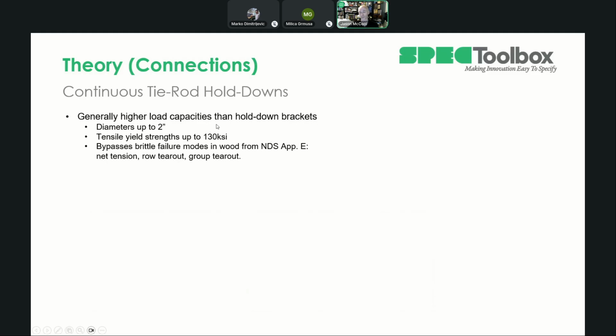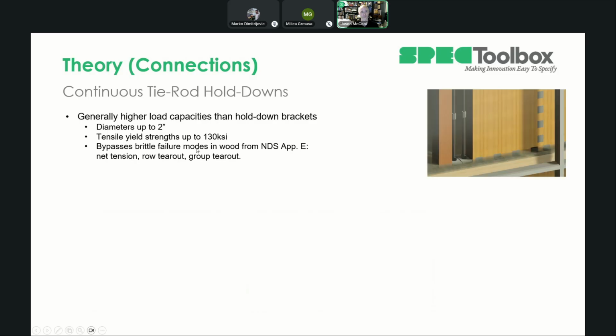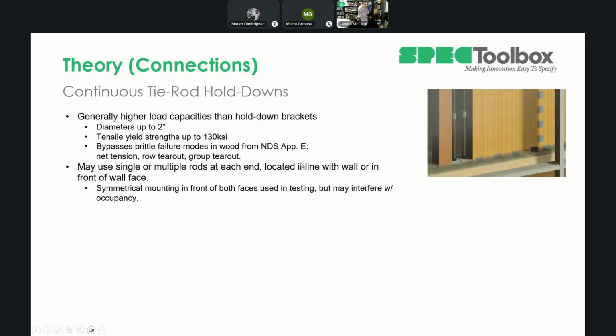And basically, this is going to get you the higher capacities you need, because you can get diameters up to 2 inches. You can get yield strengths up to 130 ksi. It's going to bypass those brittle failure modes. You can use single or multiple rods, like I'm showing 2. I would say 2 max.